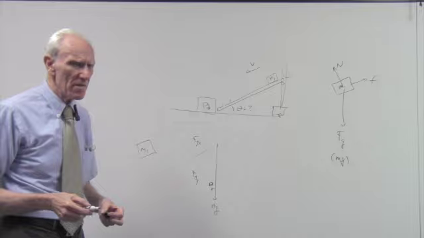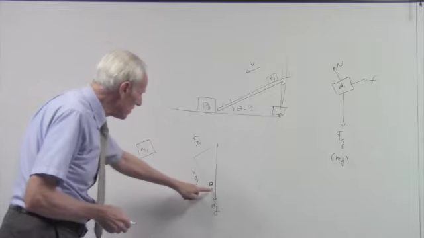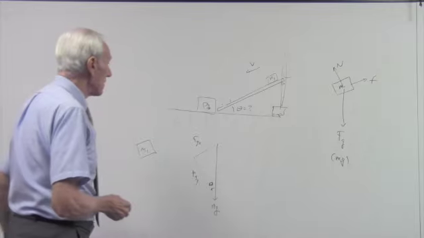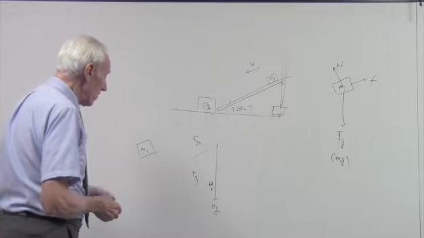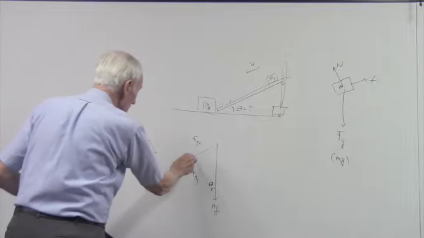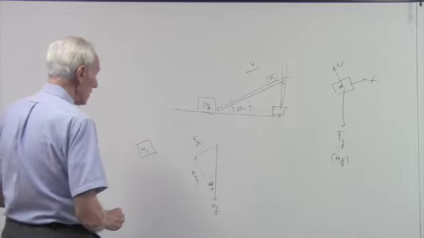I'm sure I didn't state that very well, but I think you see that this angle here and this angle up here is the same angle as the angle down there. Okay, so we have this triangle, and it's a nice right triangle, of course, so we can use sines and cosines.